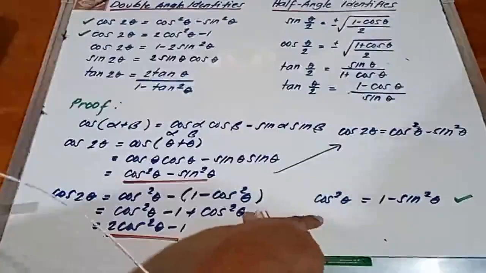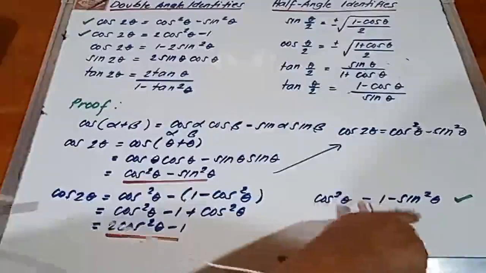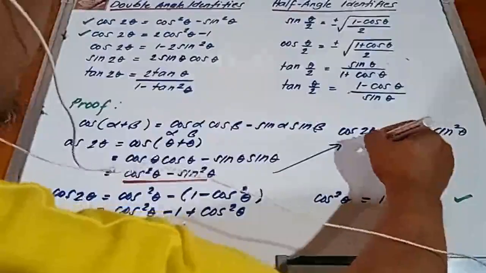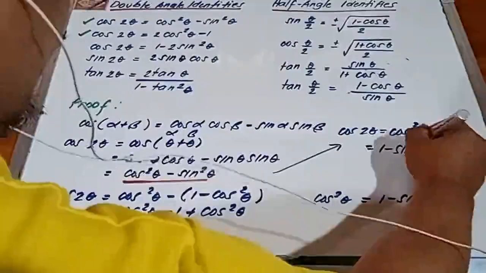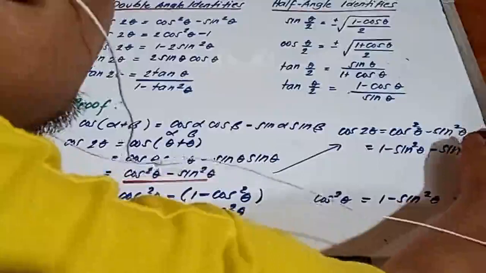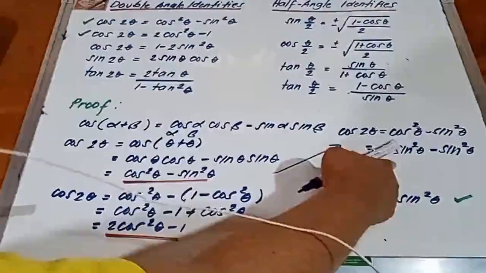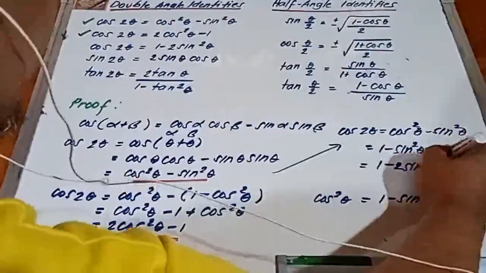So, isasubstitute ko naman ay si cosine squared theta, which is 1 minus sine squared theta, to this identity. So, we have, this will be replaced by 1 minus sine squared theta minus sine squared theta. So, we have 1 negative sine squared theta minus sine squared theta, that is minus 2 sine squared theta.